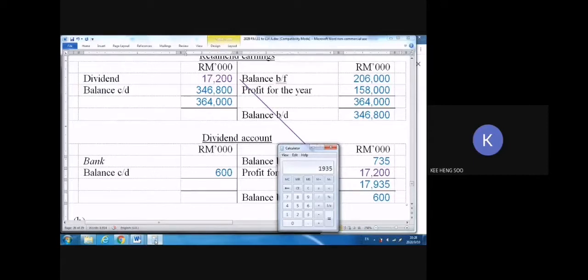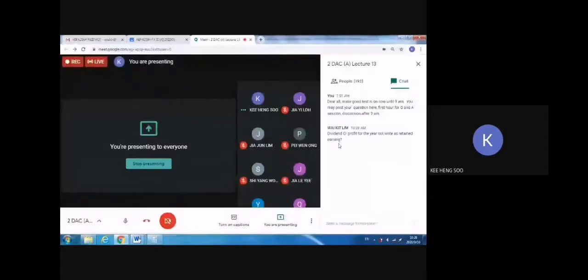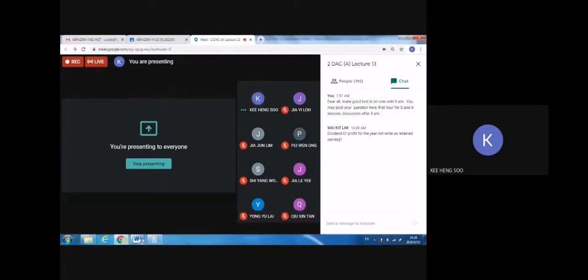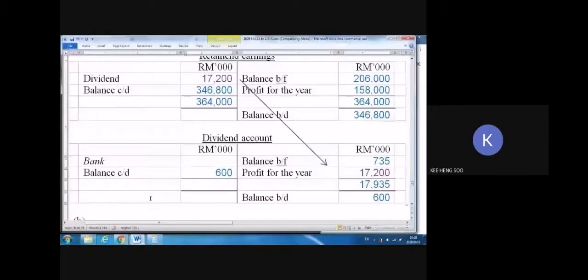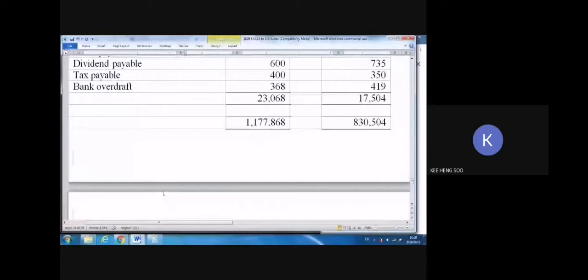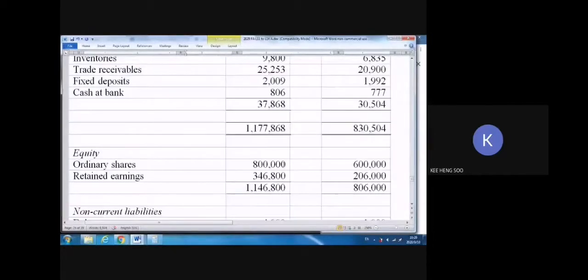You don't credit current year profit for the year as a retained earning. You let me know, I don't know where's the mistake. Retained earning is 206 and 346,800, correct?